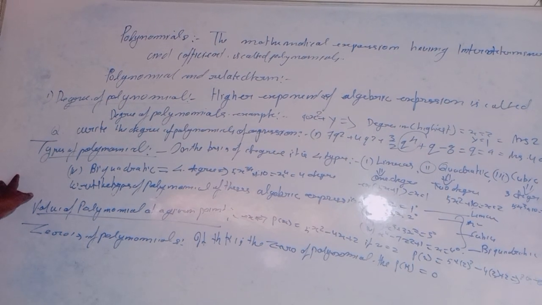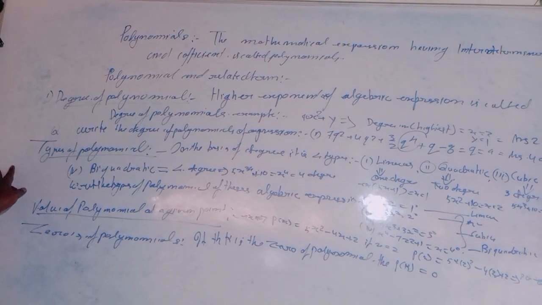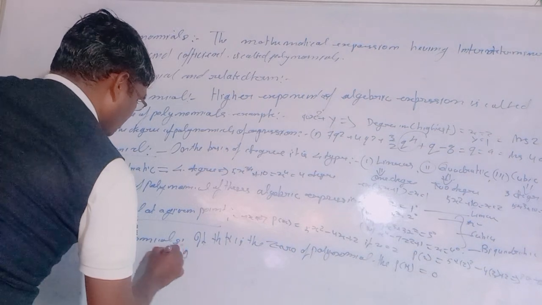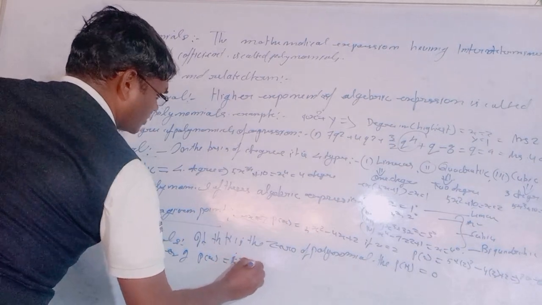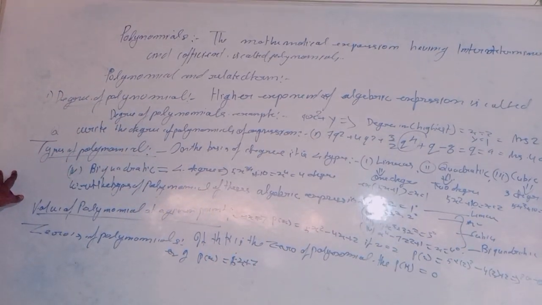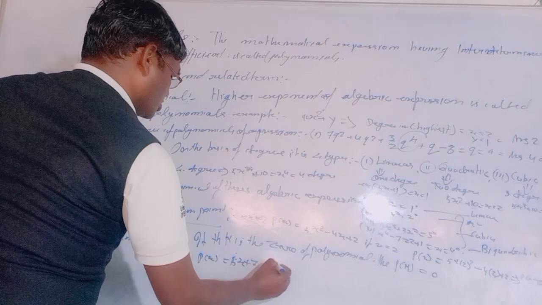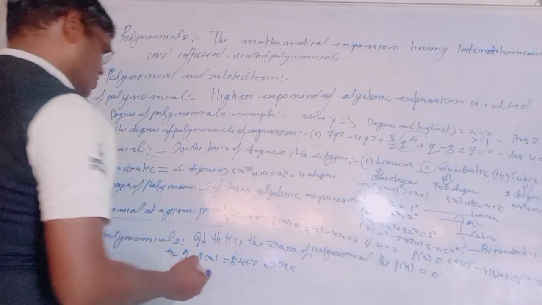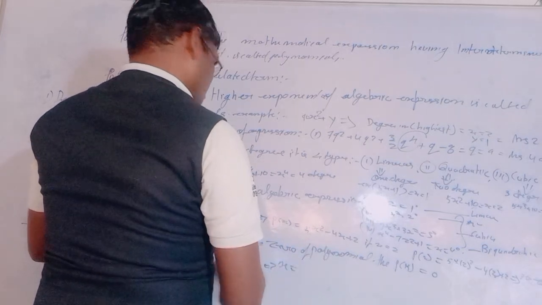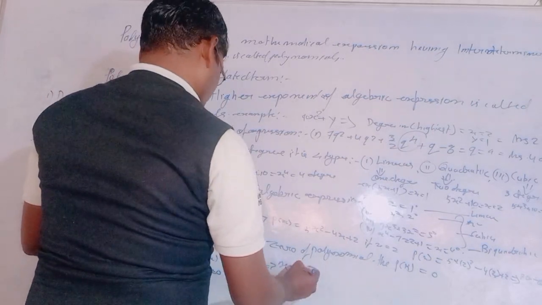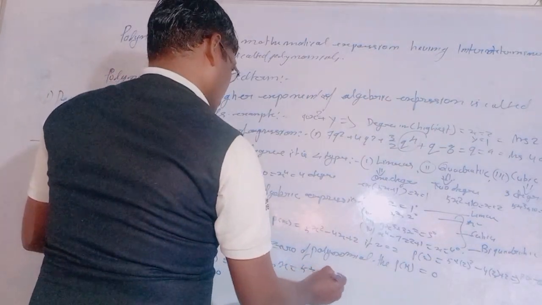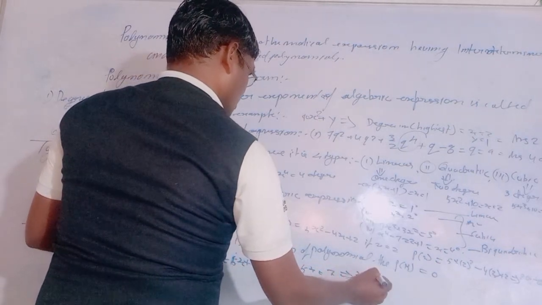Then take an example. Suppose that a given polynomial is p(x) is equal to 5x plus 7. If the px is given, then because k is a zero, p(x) is equal to 0, so 5x is equal to minus 7, then further x will be minus 7 by 5.